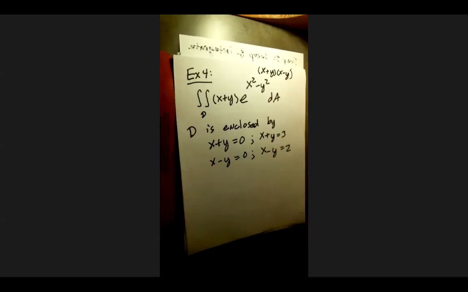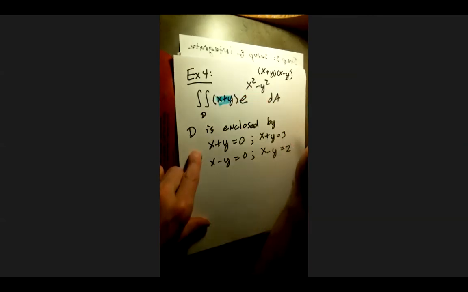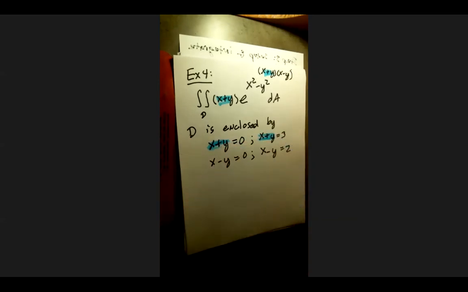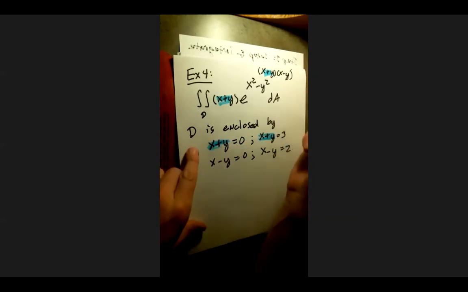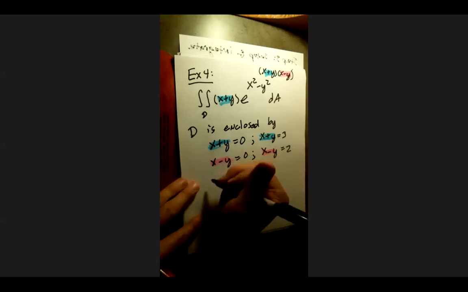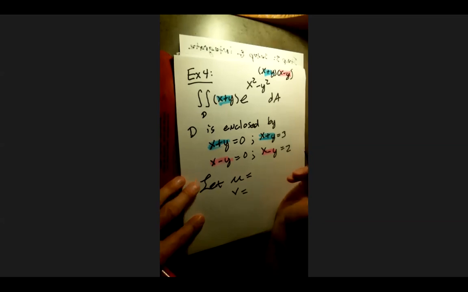And now suddenly you see the x plus y showing up in a whole bunch of places, and you see the x minus y showing up in a few places as well. So what do you want to let your u be? x plus y. v can be x minus y.